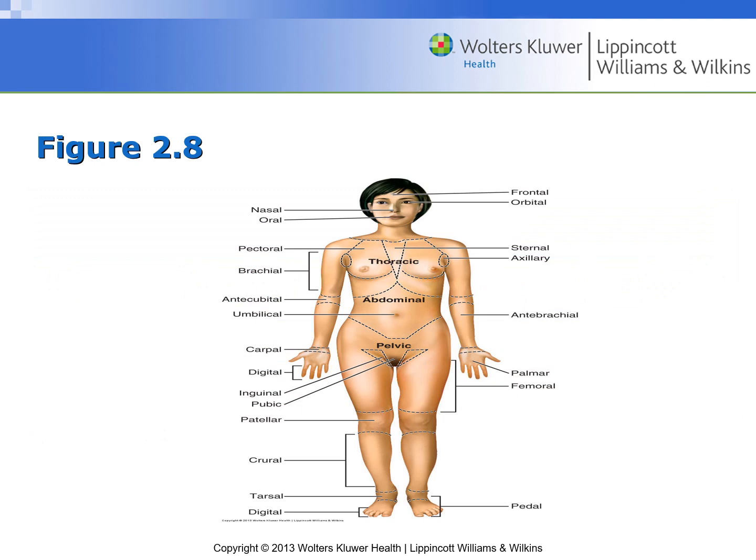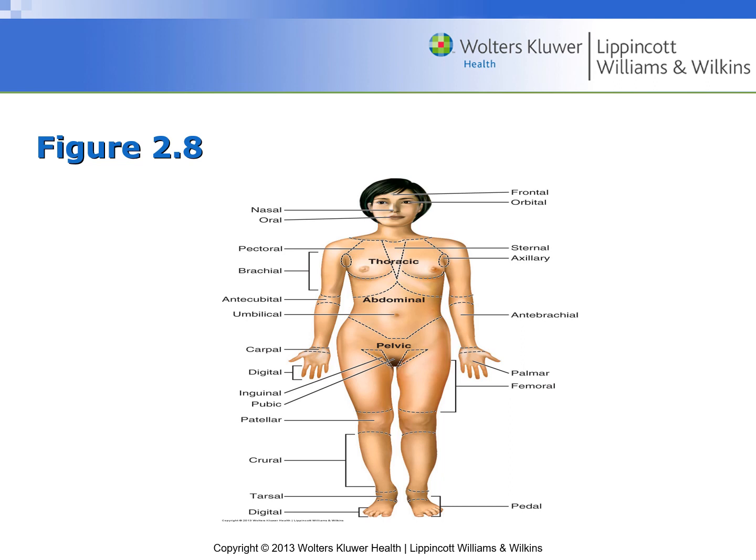Now in figure 2.8, which is illustrated here, this is an anterior view or frontal view, if you will, of the various body structures that we can see on the surface. So if we were to begin from the left-hand side, we can see the nasal and oral cavities.